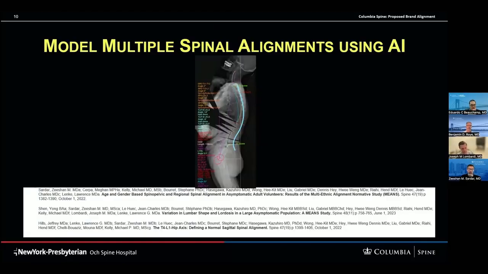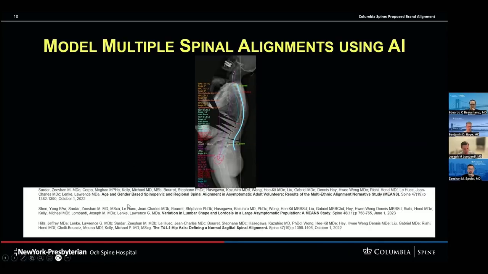Switching gears a little bit, once the patient, we think from the other perspective, is ready for surgery, then we start planning the surgery. And you guys heard a little bit from Dr. Lombardi about the use of AI in planning for spine surgery. The key benefit to my practice has been that you can actually make multiple models using AI to then pick the alignment that you think is going to work best for the patient.